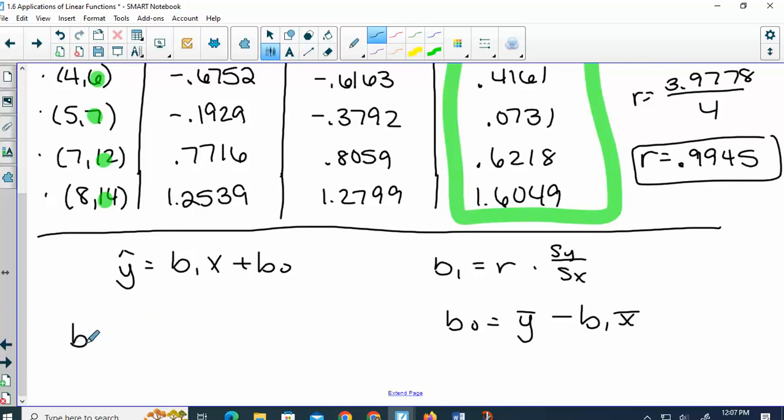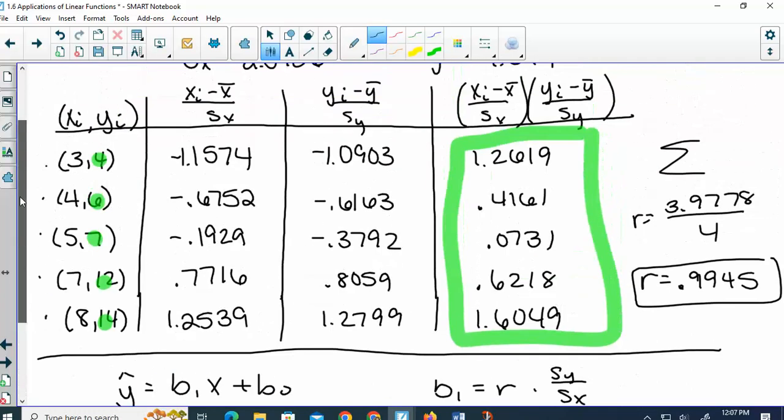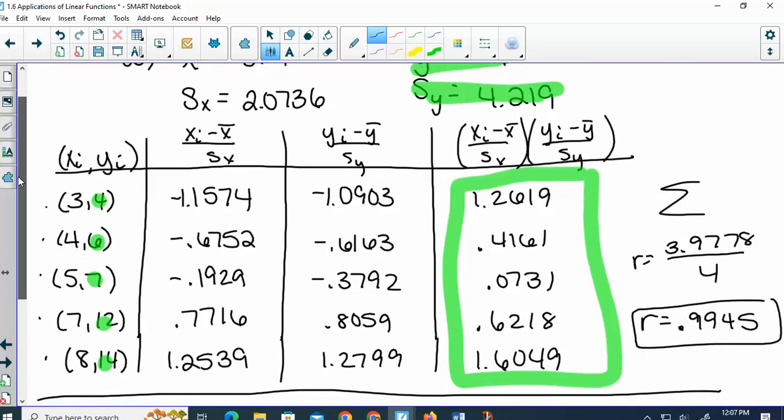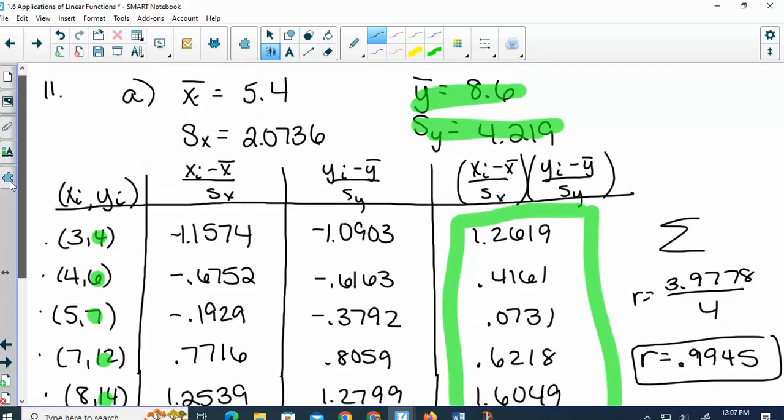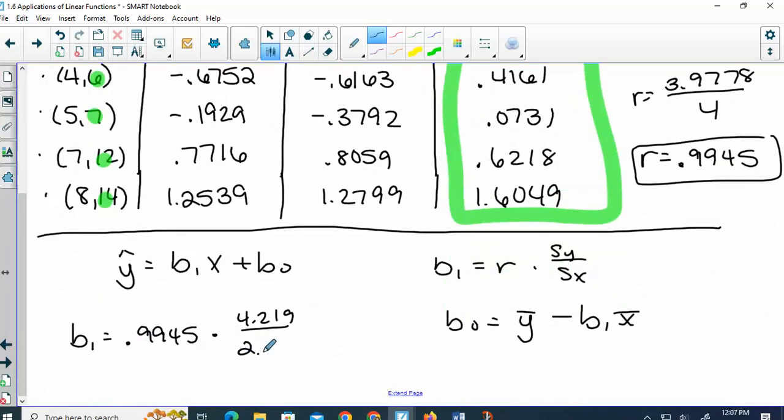So to find my b sub 1, my r, 0.9945, times standard deviation in y, 4.219, divided by standard deviation in x, 2.0736.